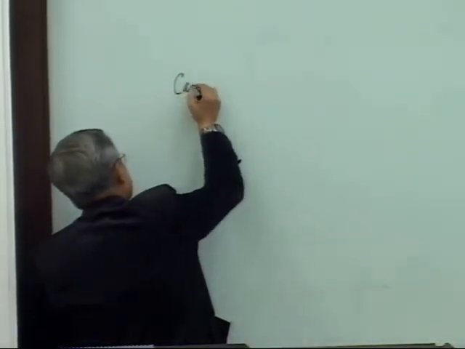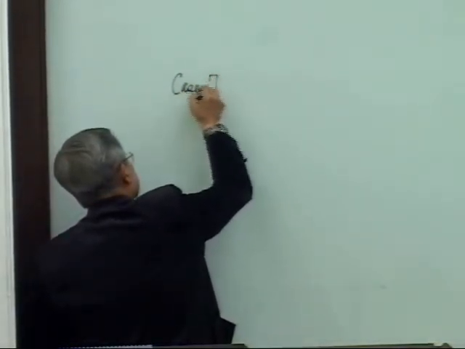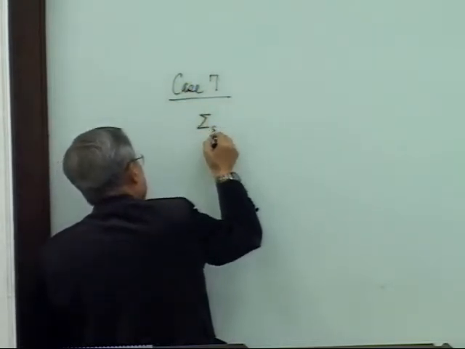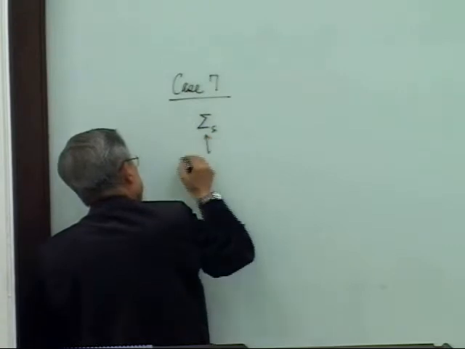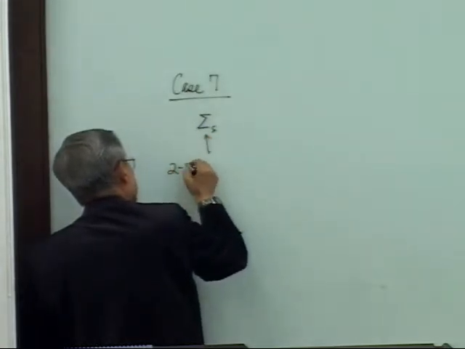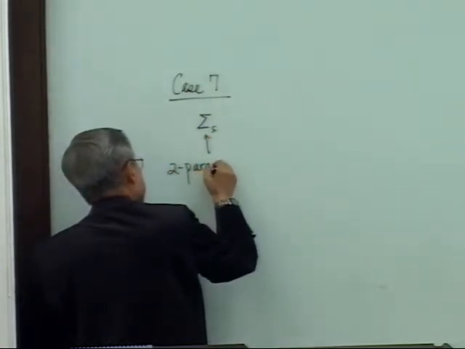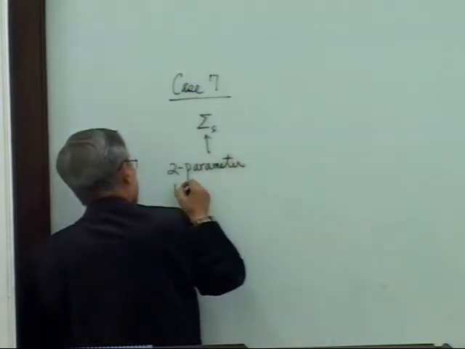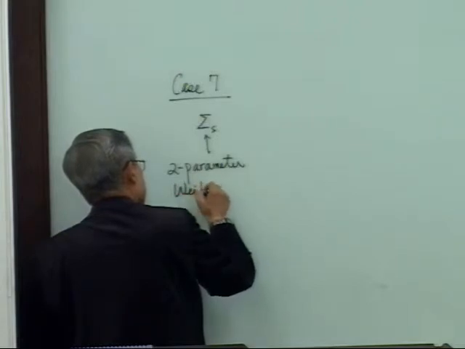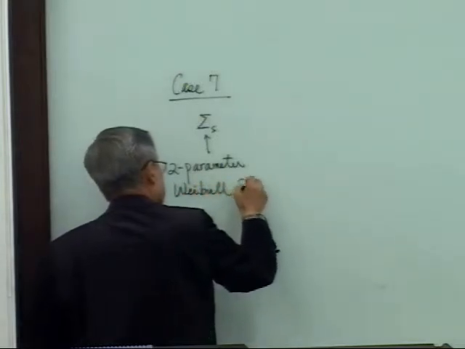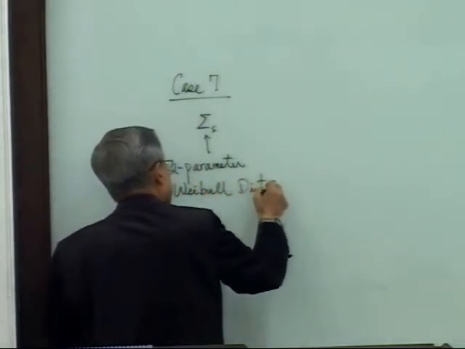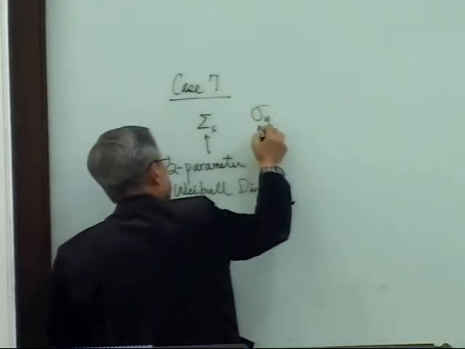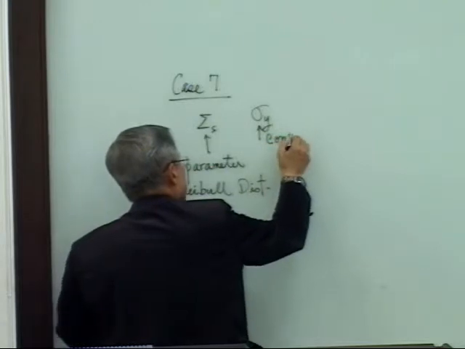Case 7, final question, final case. Sigma S is a 2-parameter Weibull distribution function. Of course, this is deterministic, constant.